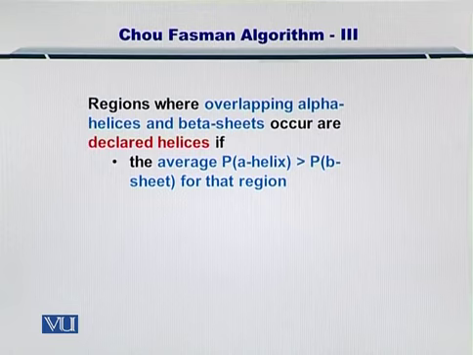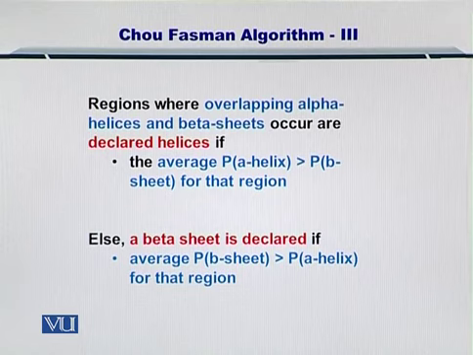So if the average propensity for all of those amino acids for forming an alpha helix is greater than the average propensity for all of those amino acids to form a beta sheet, then an alpha helix is finalized. However, if the reverse case is true, that is, the average propensity of those amino acids to make a beta sheet is greater than their propensity to form an alpha helix, then a beta sheet is finalized.